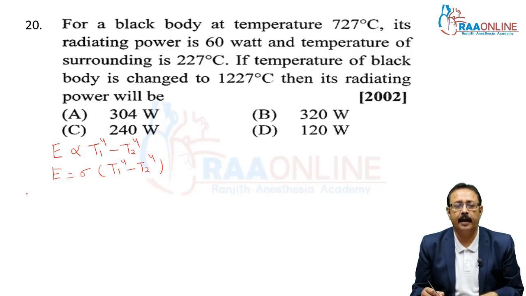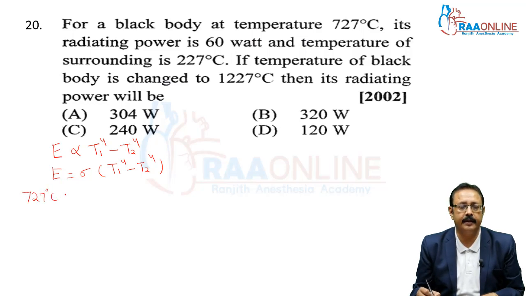Initially, temperature was 727 degrees centigrade. Adding 273, you will get 1000 Kelvin.